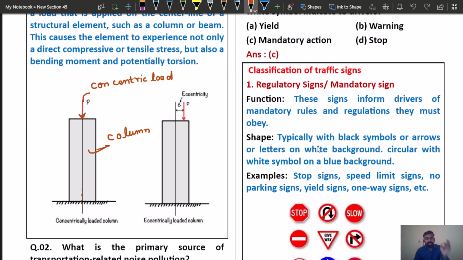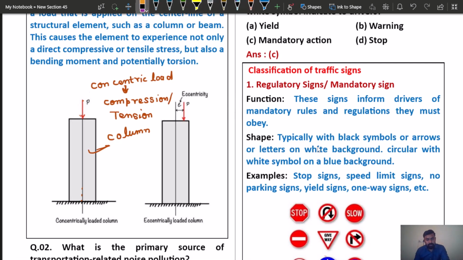And this concentric load will produce either compression or tension. If this load is acting towards the structure, this load will produce compression, and if it acts outwards from this structure, that will cause tension.